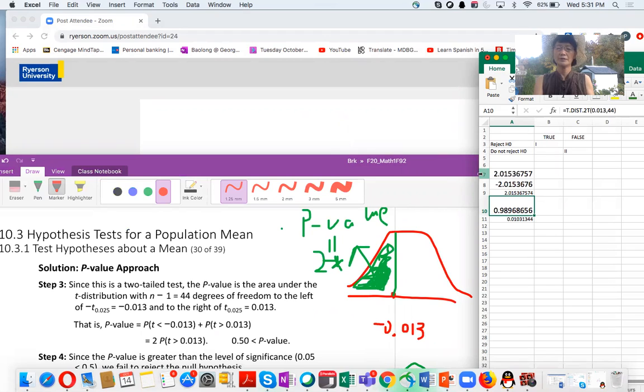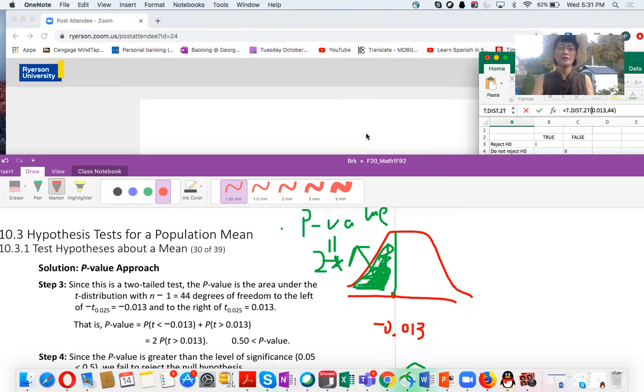Test statistic, but if I put in this negative, the test statistic is negative, we get negative 0.013, but it gives me error information.